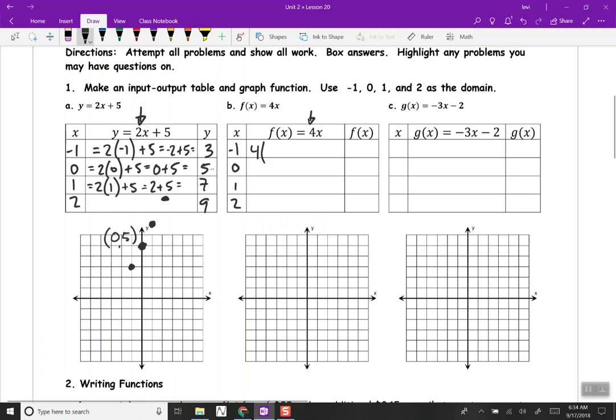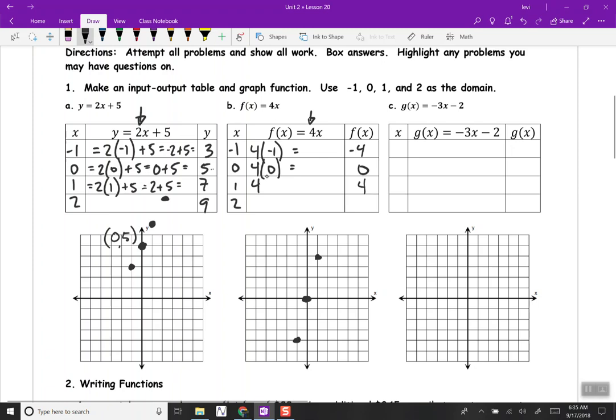So 4 times -1 equals -4, so that's -1, -4. 4 times 0 is 0, so that's 0, 0. Look, we're going up 4, 1, 2, 3, 4 over 1. Next one should be probably up 4, right? 1, 2, 3, 4 over 1.